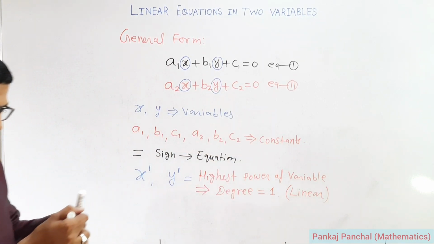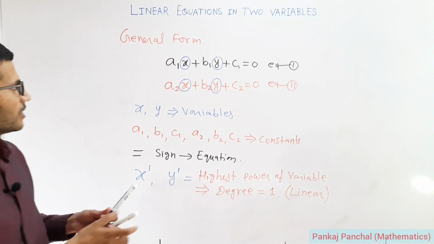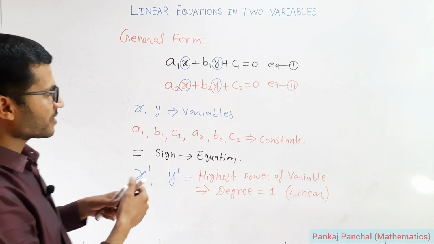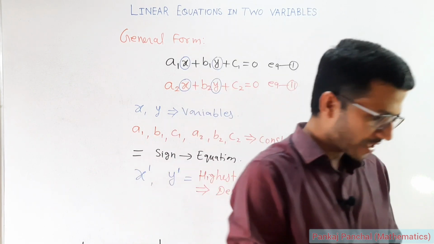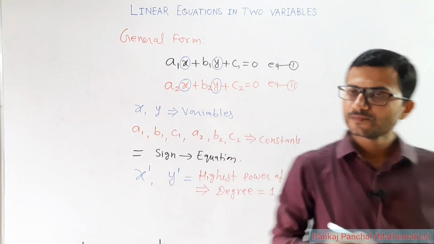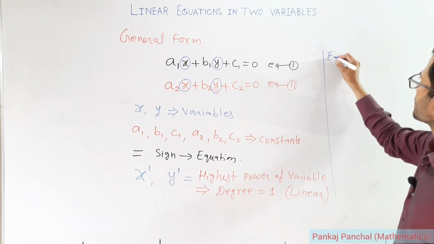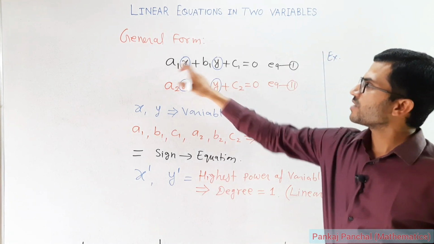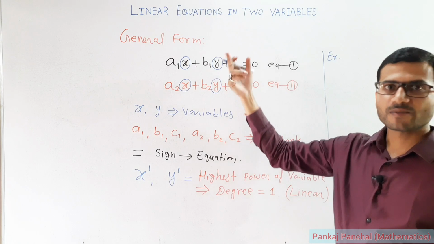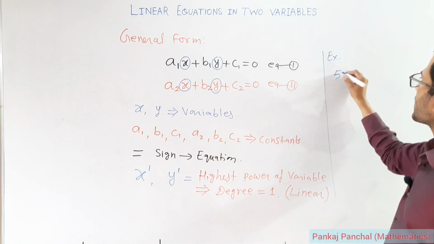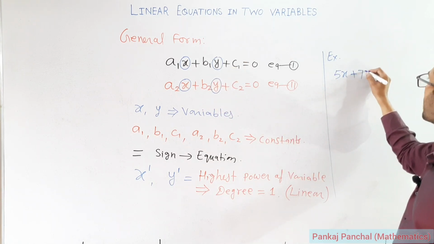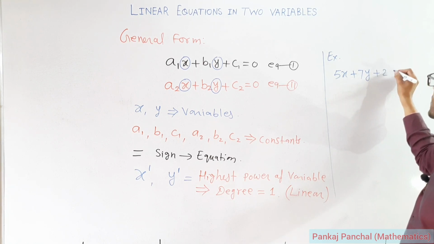Got it? So we can write some examples of this linear equation in 2 variables. Let's take one example. In place of a1, b1, c1, there are some numbers. So we can write 5x plus 7y plus 2 is equal to 0.